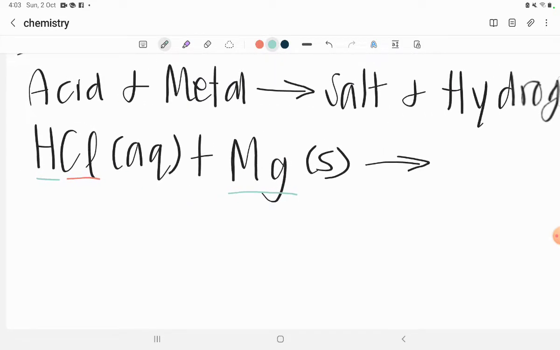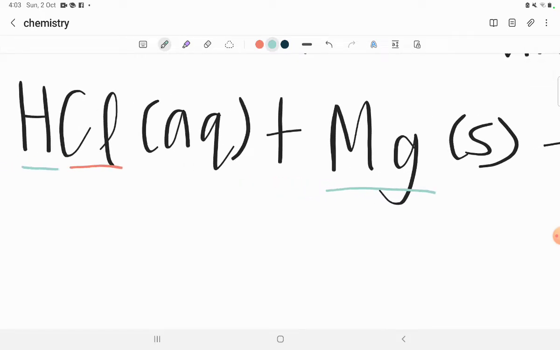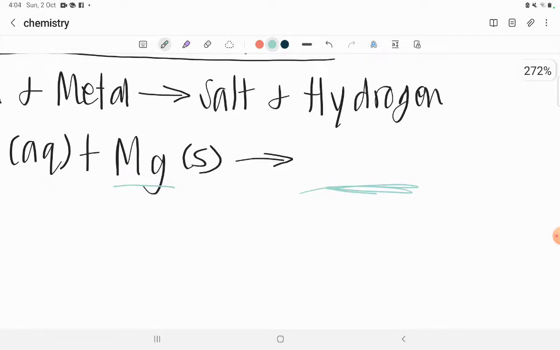The elements in the reactants can only be hydrogen, chlorine, or magnesium. Only these three elements can appear, nothing else and nothing less. So you have to make sure that all three elements can be found on this side of the reaction also.